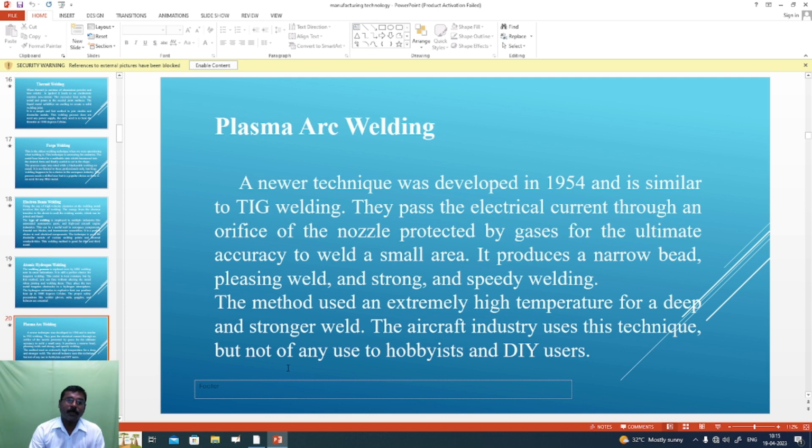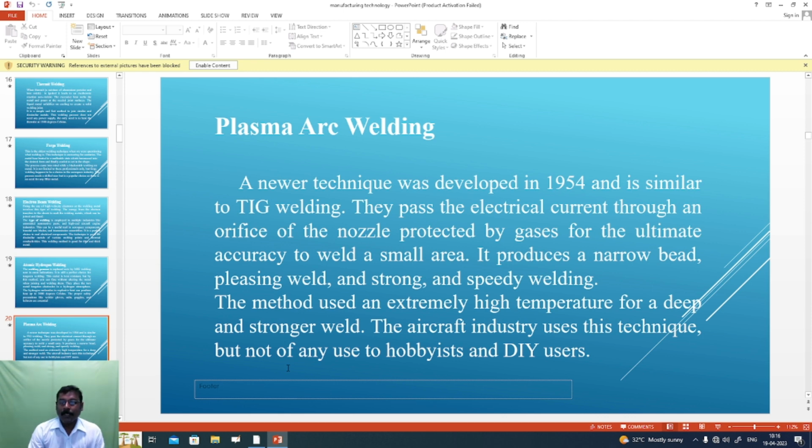The next one, plasma arc welding. A newer technique developed in 1954, it is similar to TIG welding. They pass the electrical current through an orifice of the nozzle protected by gases for the ultimate accuracy to weld a small area.